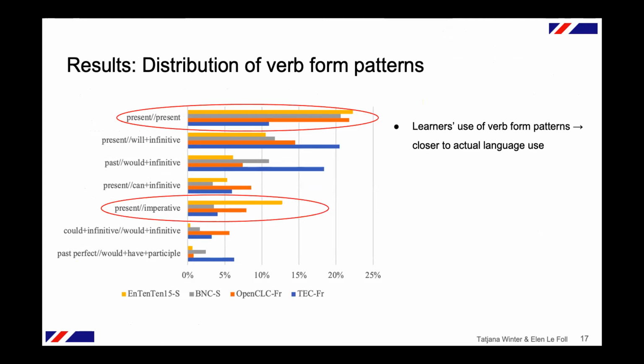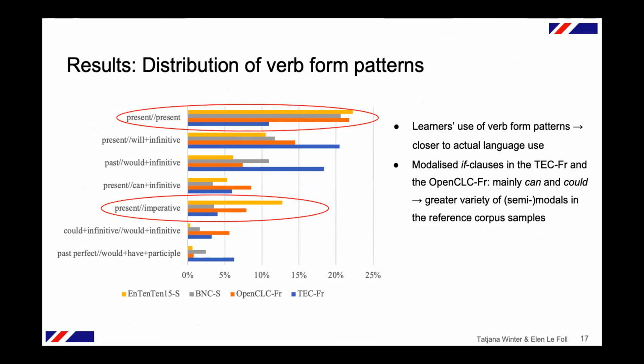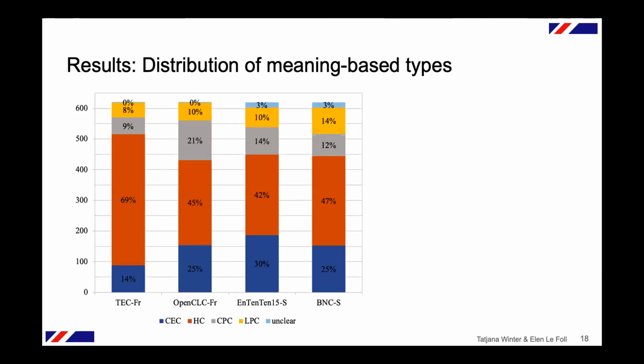We had a few surprising findings, for example, that learners use present quite a bit more, and also present imperative as verb combinations. We find that in general, the modalized if clauses in the learner data and in the textbook data tend to really stick to can and could as the two modals, whereas the reference data has a much greater variety of modals and semi-modals.